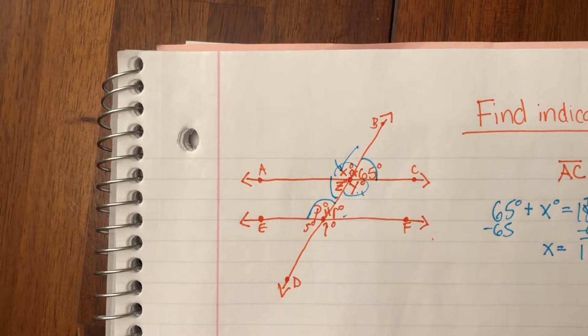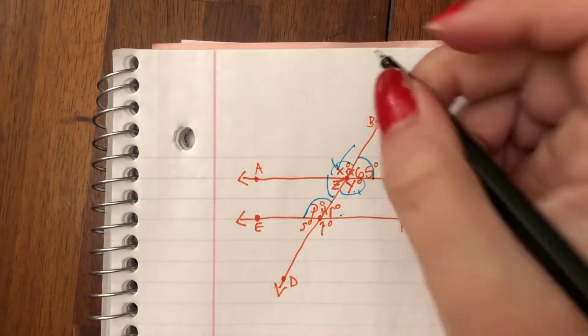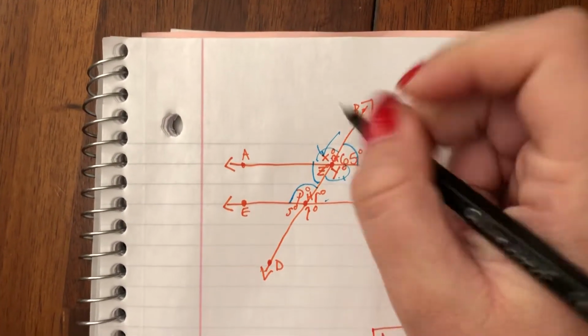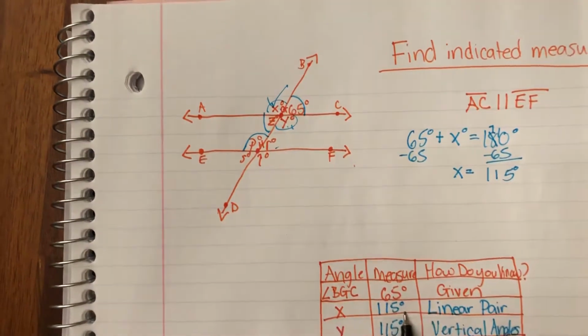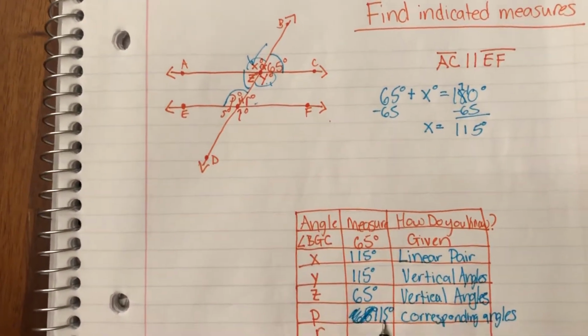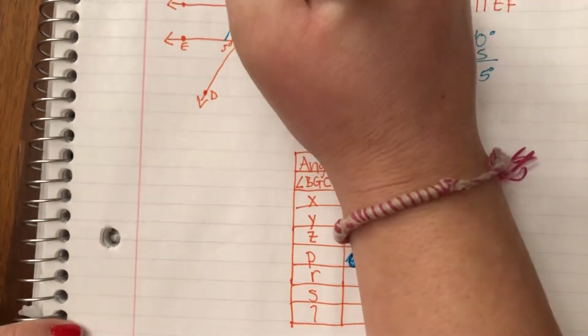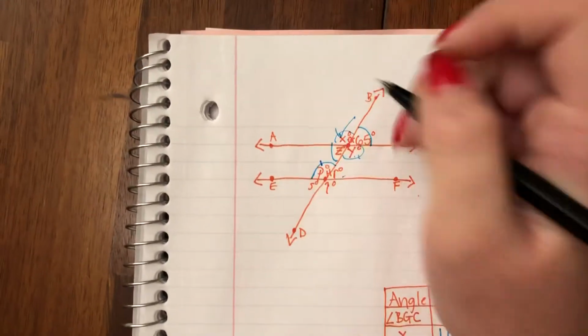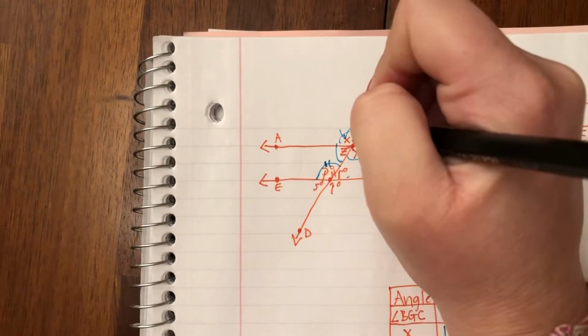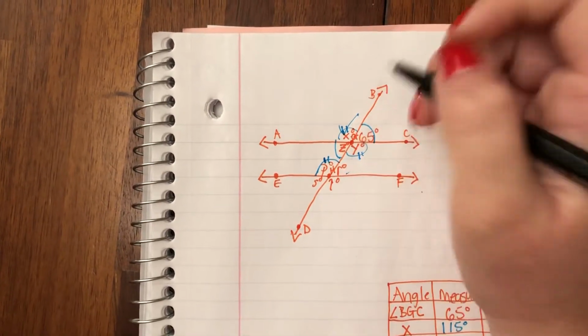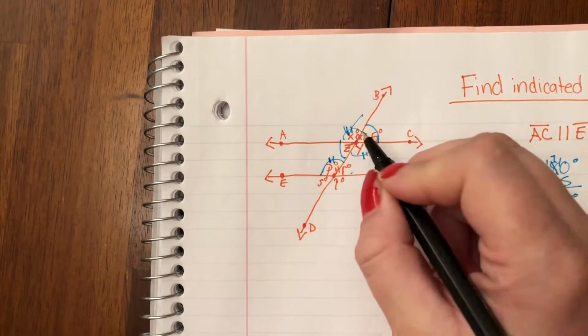P is 115 degrees. I looked at the wrong spot. Hopefully you all caught that. X is 115 degrees. So P has to be 115 degrees. Sorry about that, folks. So we're going to put the little double lines on here so that I remember which ones go with which.